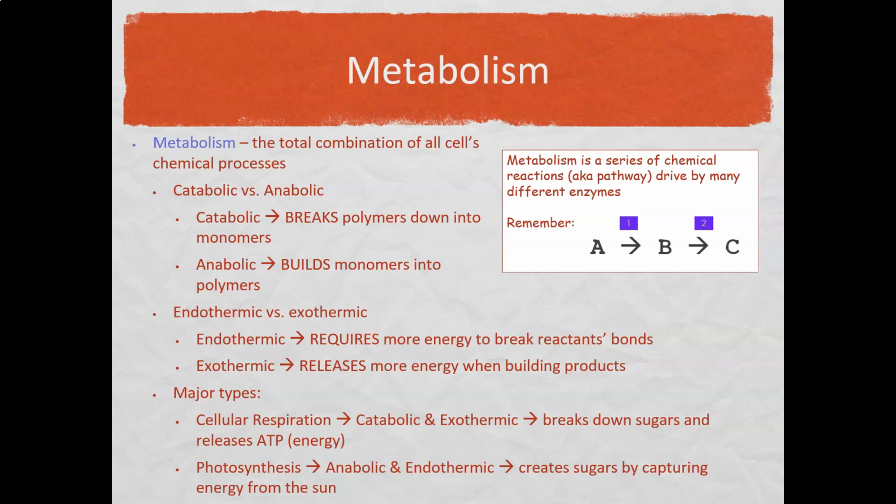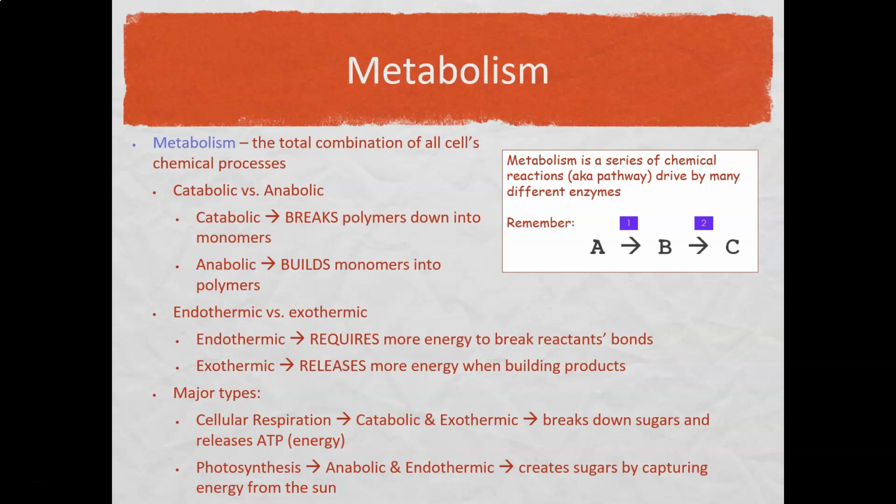So remember, in endothermic reactions, that means I need more energy to break the bonds in my reactants than I get back in my products. So I have to input lots of energy and I don't get a whole lot back out. Exothermic processes release lots of energy when we build the products, and I don't require as much energy to go in. So I get a net release.